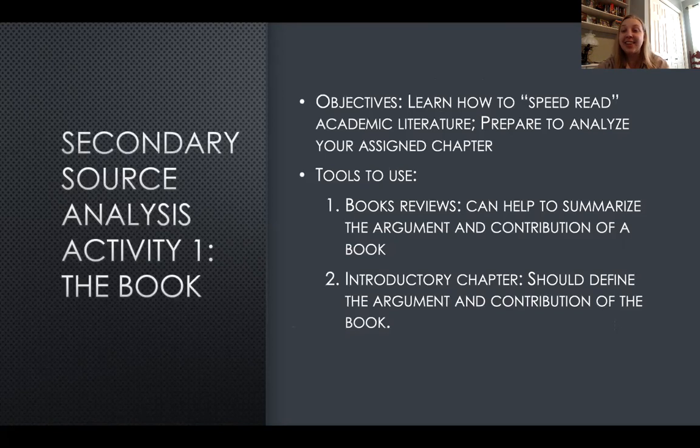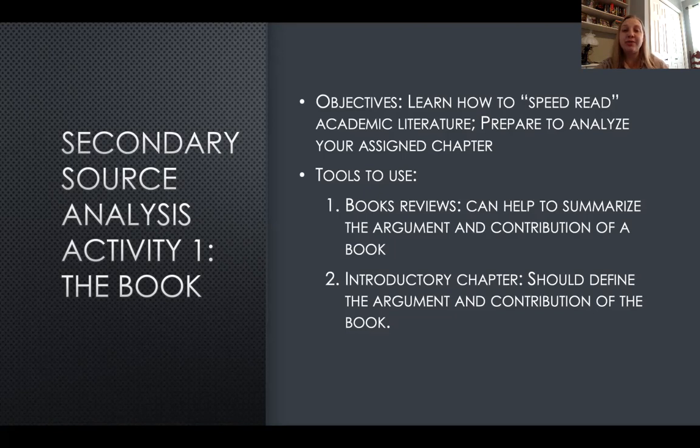I still need to tell you about your secondary source analysis activity, activity 1. The objective is to learn how to speed read academic literature. I don't expect you to read through the whole introduction. I want you to go in and pull out just the information that you need to answer the question.